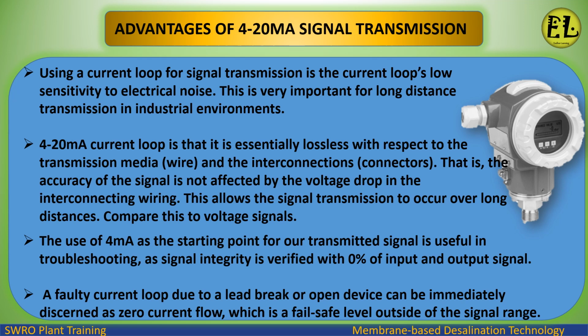The use of 4 mA as the starting point for our transmitted signal is useful in troubleshooting, as signal integrity is verified with 0% of input and output signal. A faulty current loop due to a lead break or open device can be immediately discerned as zero current flow, which is a fail-safe level outside of the signal range.